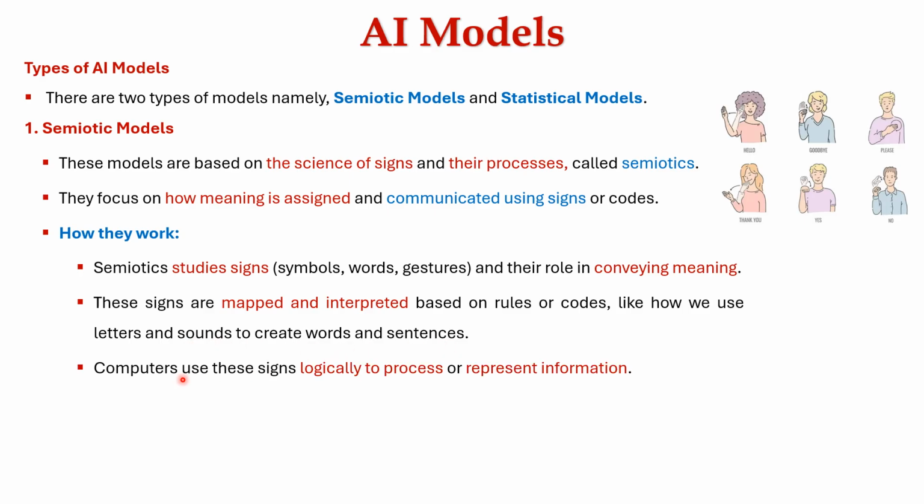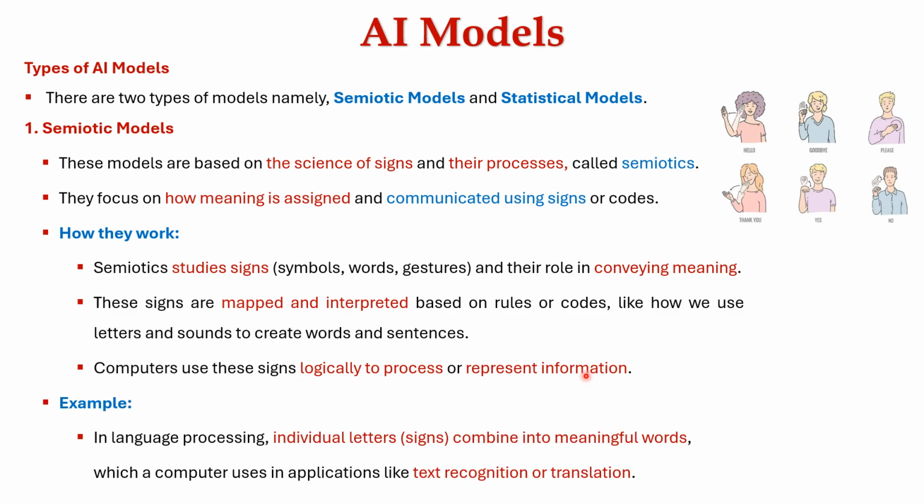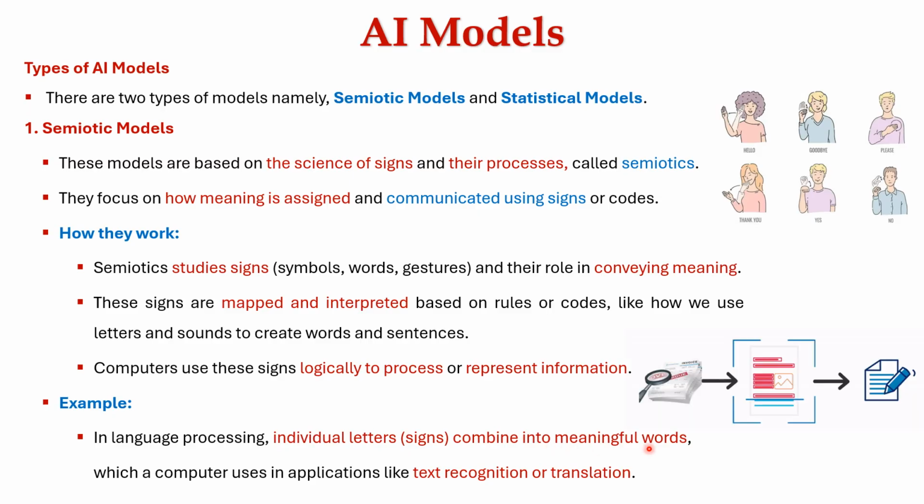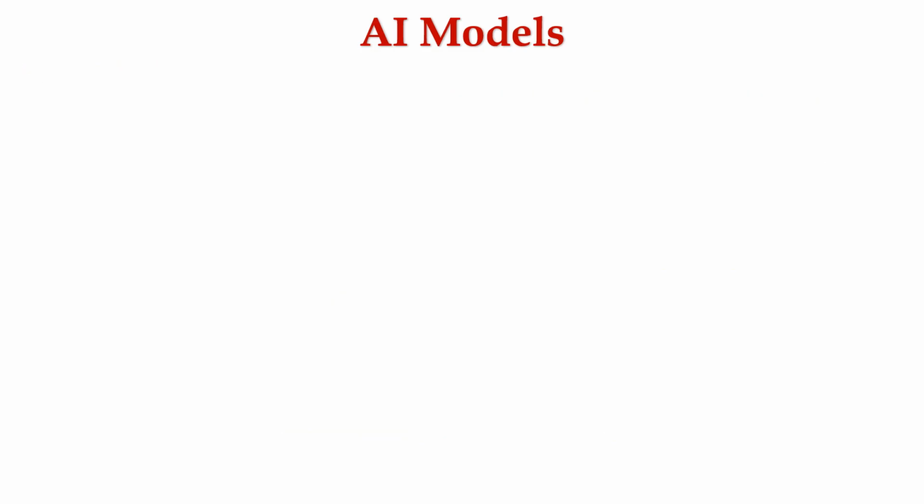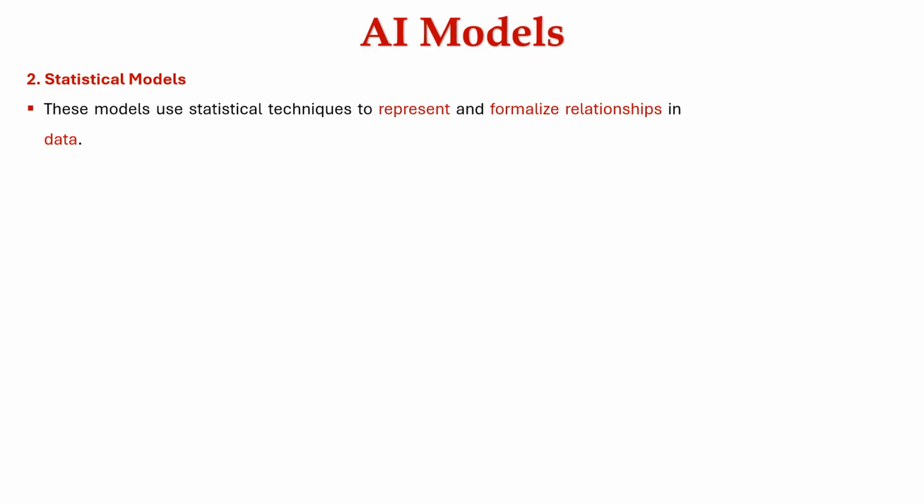Computer uses these signs logically to process or represent the information. Let's have an example here. In language processing, individual letters combine into meaningful words, which a computer uses in application like text recognition or translation.